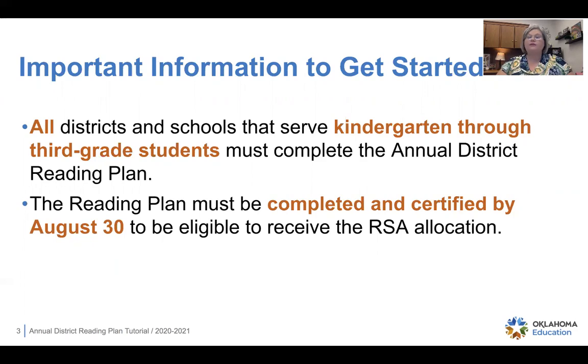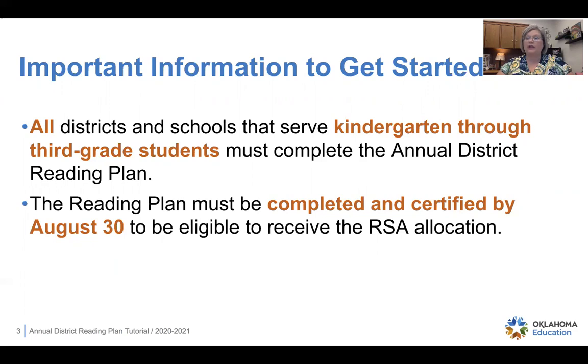The reading plan must be completed and certified by August 30th in order to be eligible to receive the RSA allocation. The administrative rules for RSA were updated and recently approved by the governor.